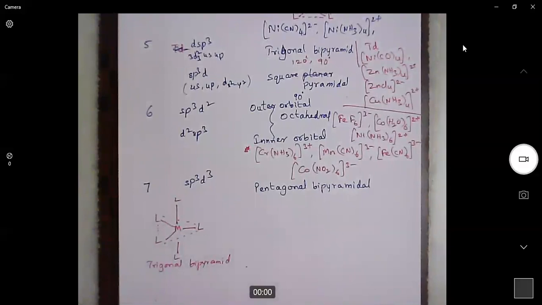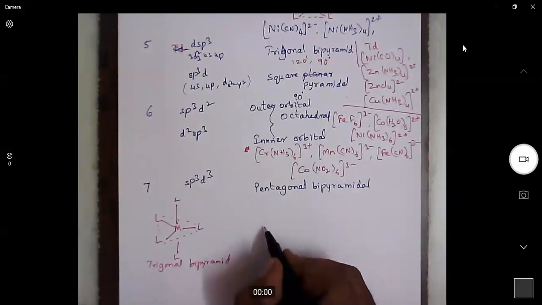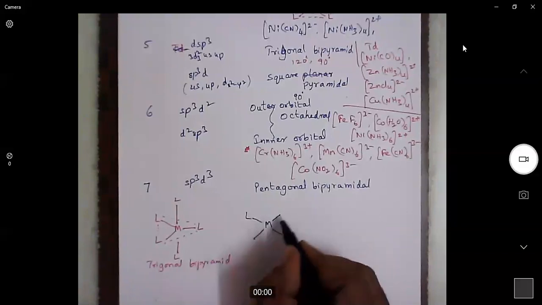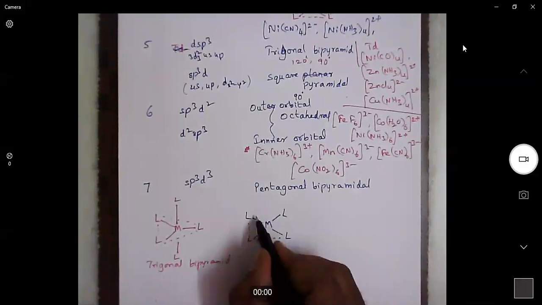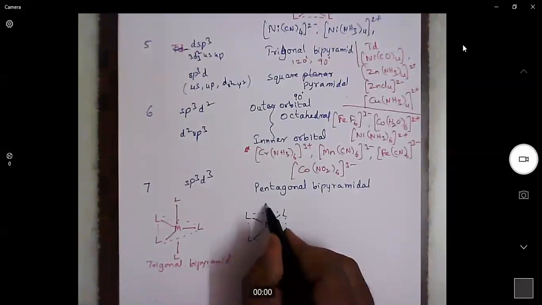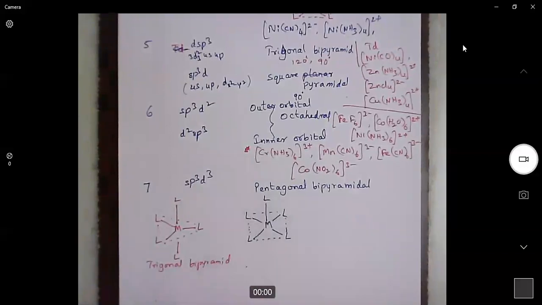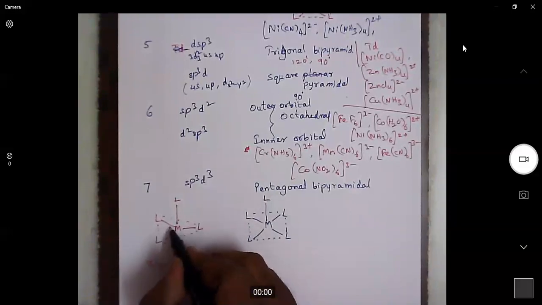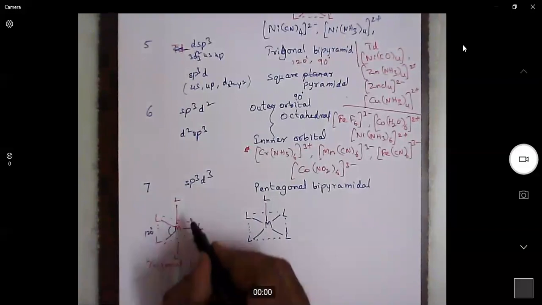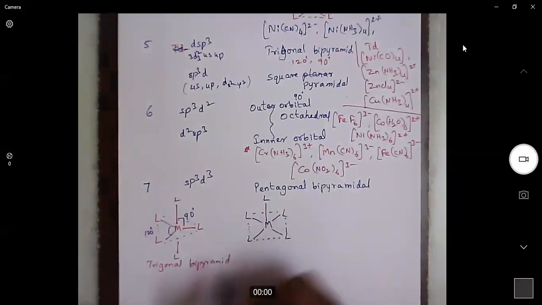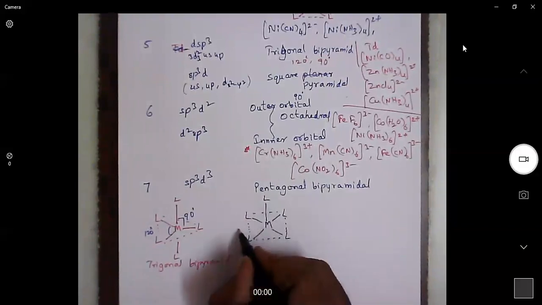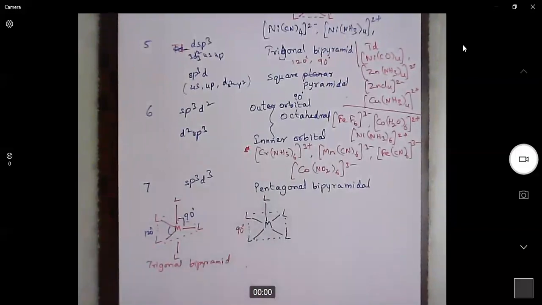What is square pyramid? This is square, and if one ligand is above the plane, then we call it a square pyramid. Here the bond angle inside the plane is 120 degrees, out of the plane 90 degrees. Here all bond angles are 90 degrees only.